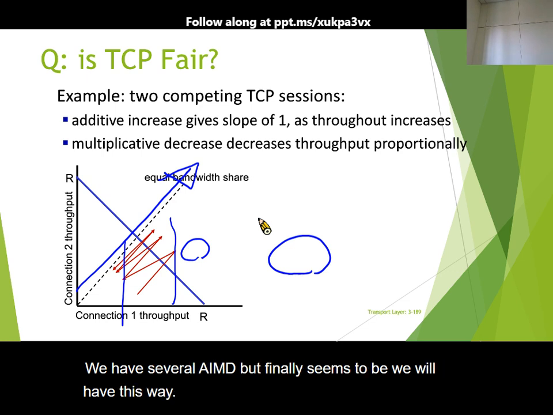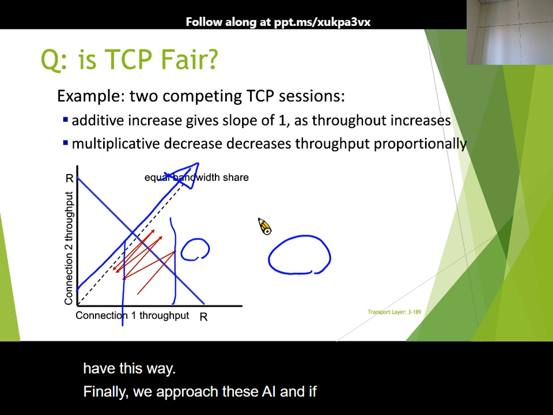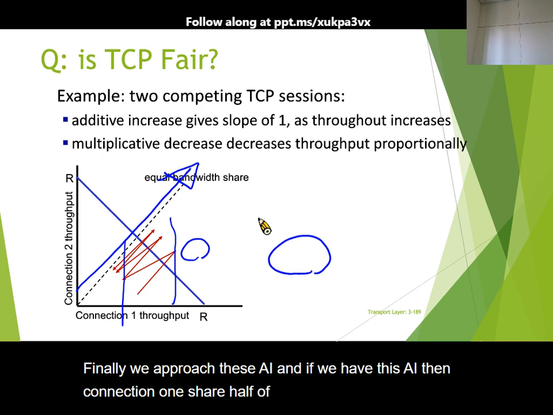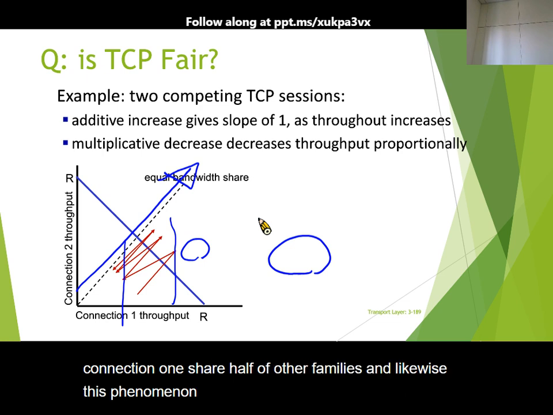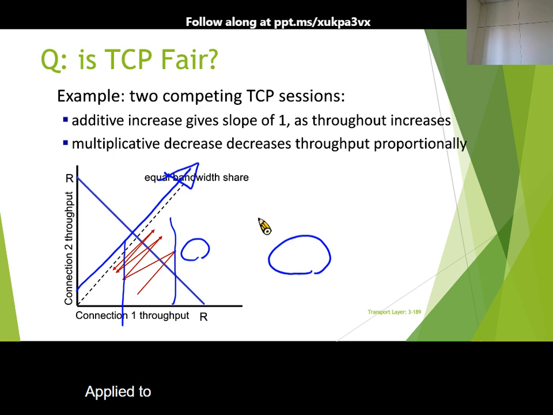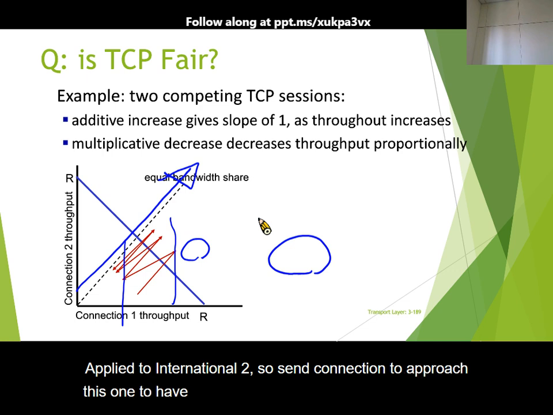And if we have this, then connection 1 shares half of the bandwidth. And likewise, this phenomenon can be applied to connection 2. So connection 2 approaches this same point to have the equal bandwidth share.